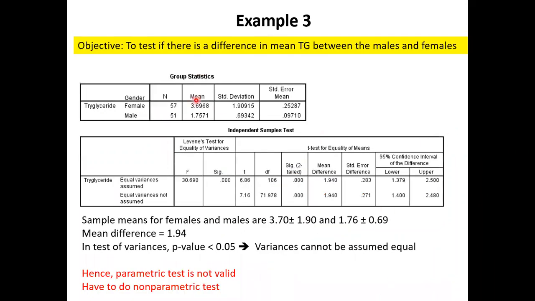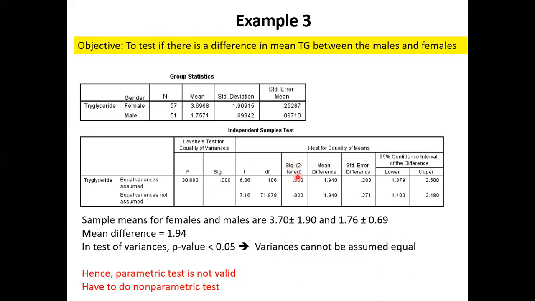Now, test difference in TG, triglyceride, between male and female. So the usual test we did, male, female, that are mean values and mean values. Look at the first test. The p-value is less than 0.001, obviously less than 0.05, right? Variances are not similar.